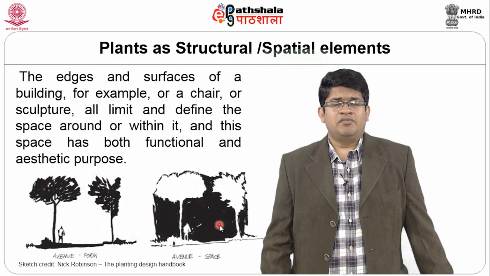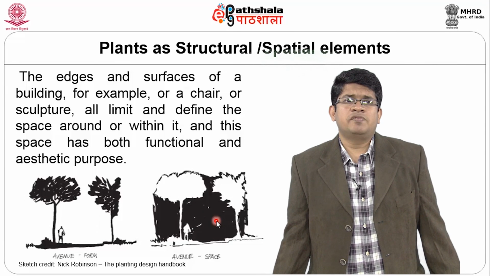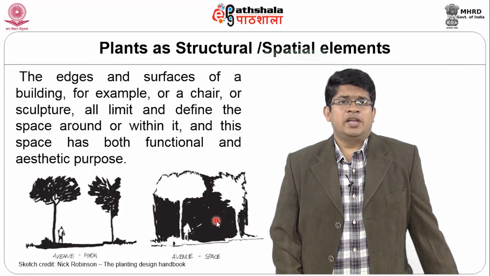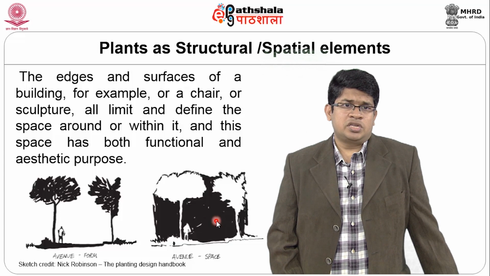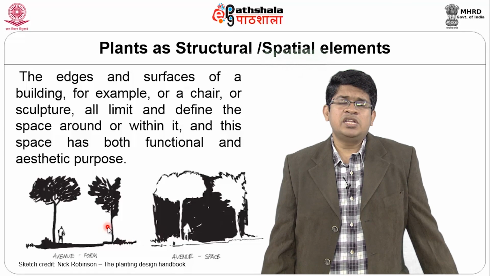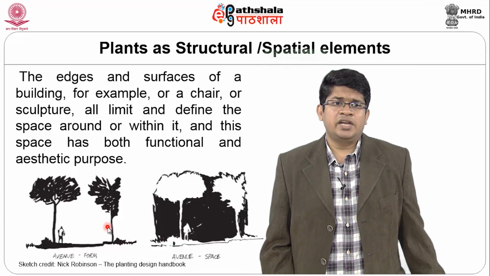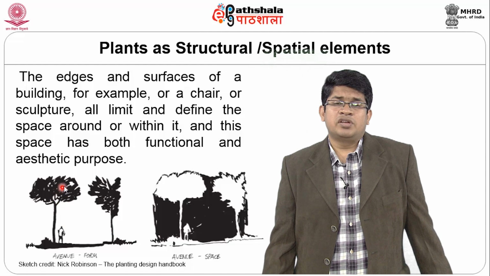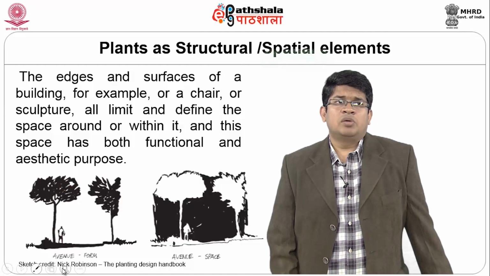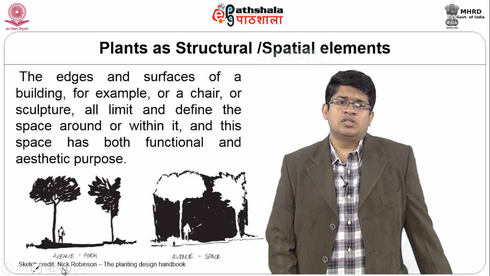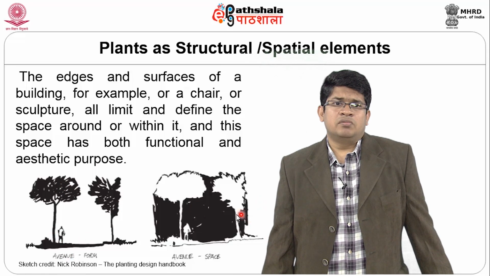Considering a particular avenue, where you have more than one element, or maybe one or two trees, an avenue, a series of trees lined on either side, they also create a particular kind of form to the structure, as well as a space below it.